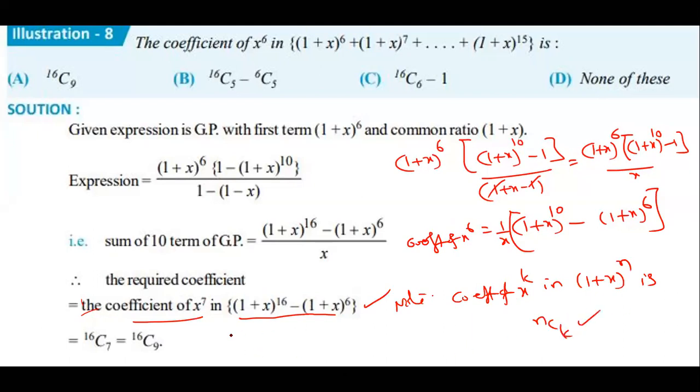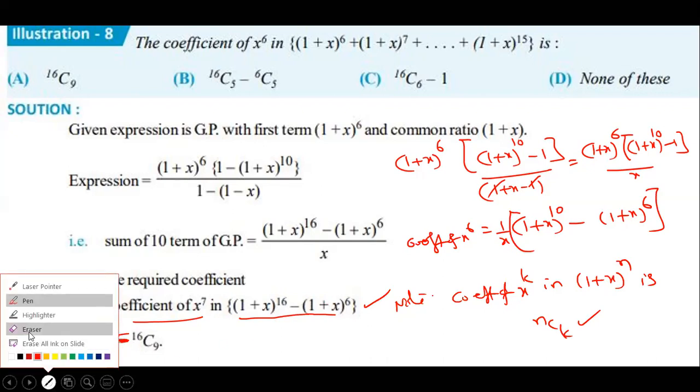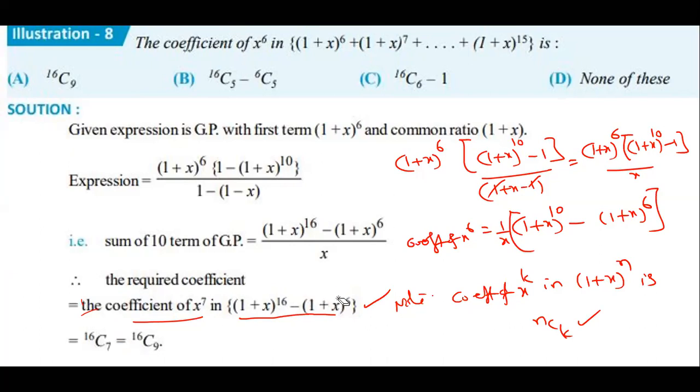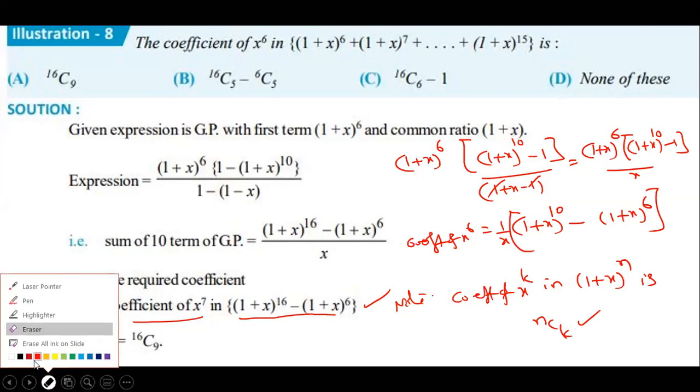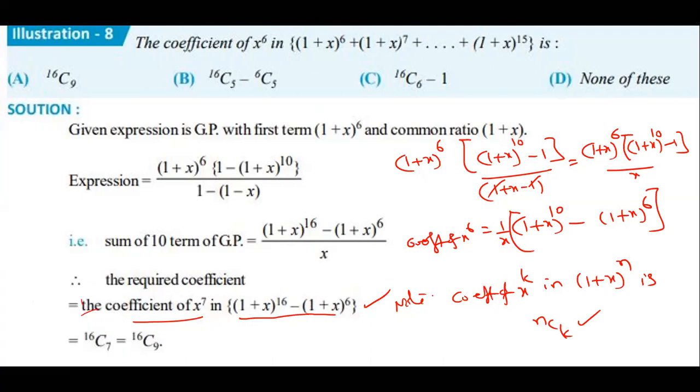Be careful. This is also minus. Is minus there or not? Let me see. Yes, minus is correct, because in this case the maximum degree is 6, so only 16C7. Okay, I'm proceeding. Shall I proceed?